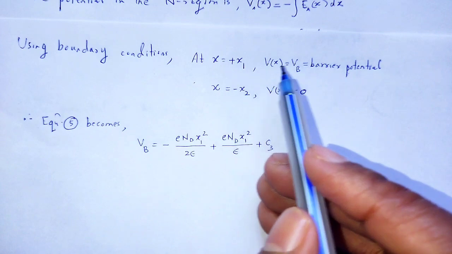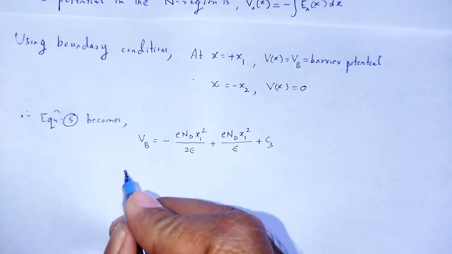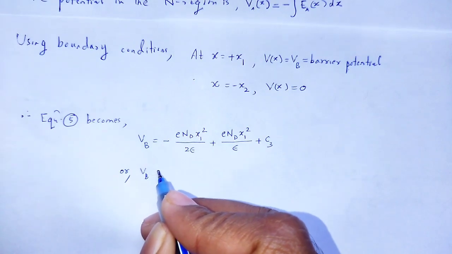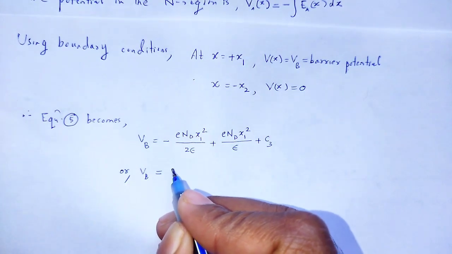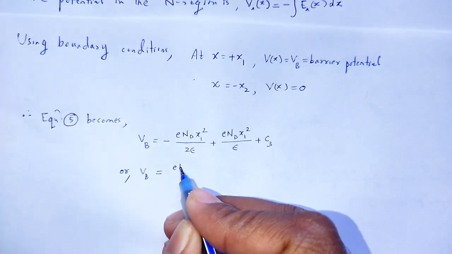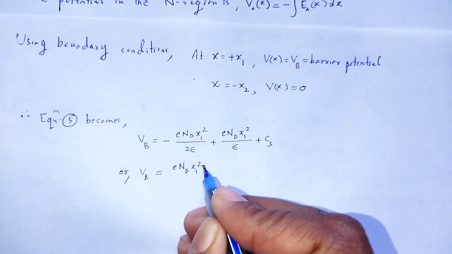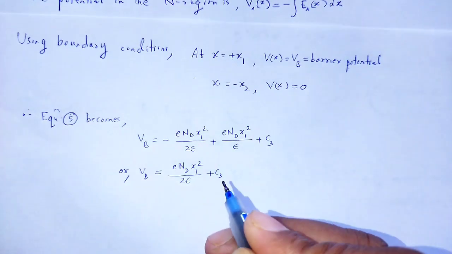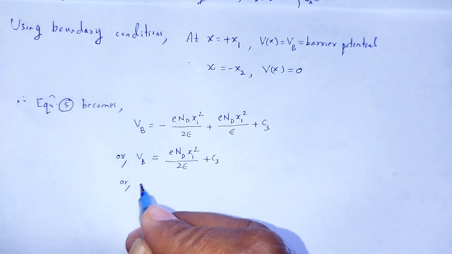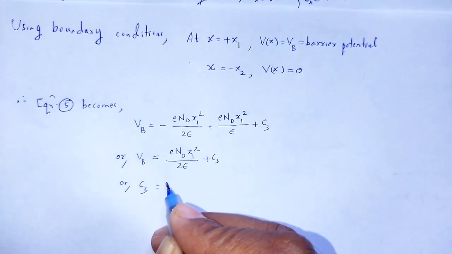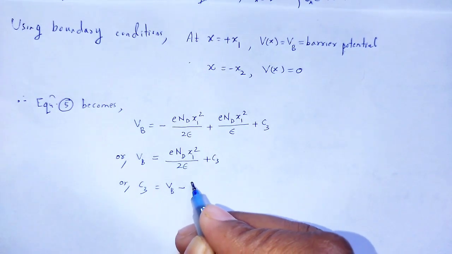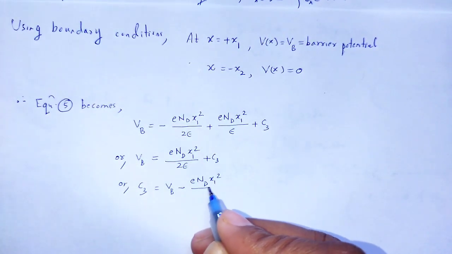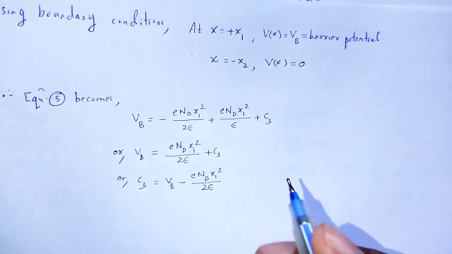That for n relation, or Vb is equal to E Nd x1 square divided by 2 epsilon plus C3, or C3 is equal to Vb minus E Nd x1 square divided by 2 epsilon.